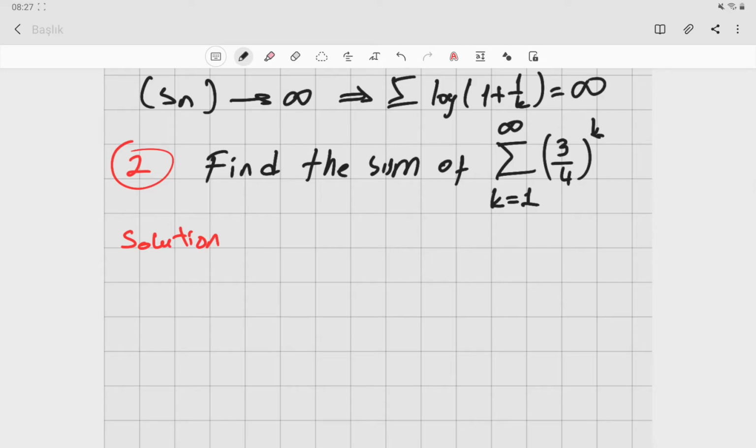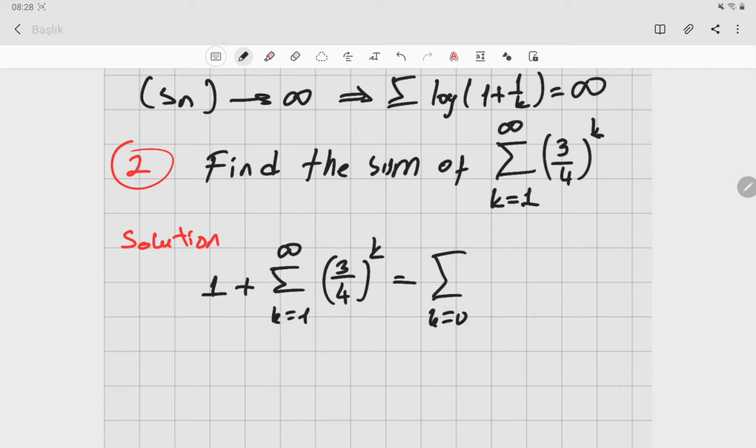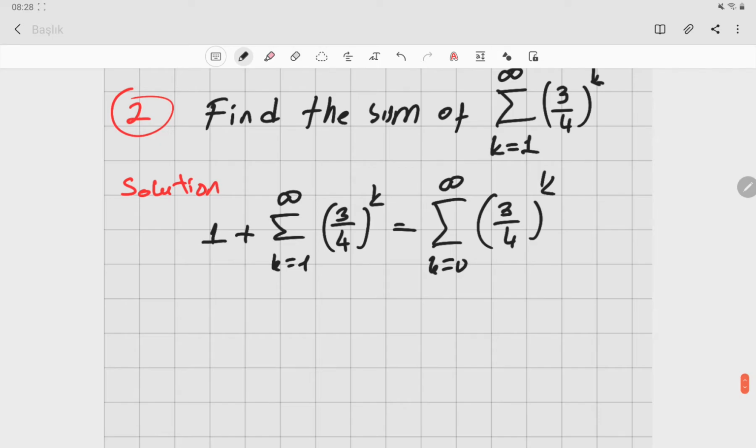But in this case, we can't say it is a geometric series, but the solution is very simple. So we may write 1 plus 3 over 4 to the k equals a geometric series, isn't it? Yes, we may write this one, and we are looking for this series.